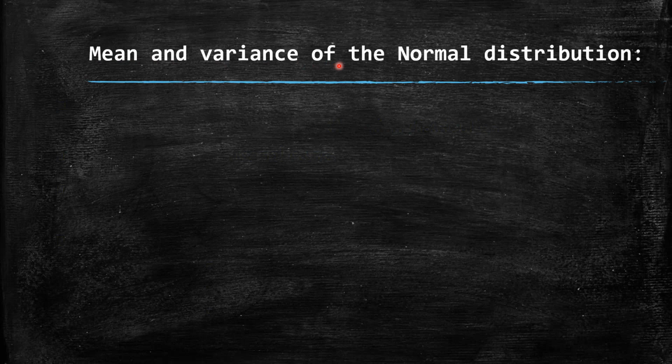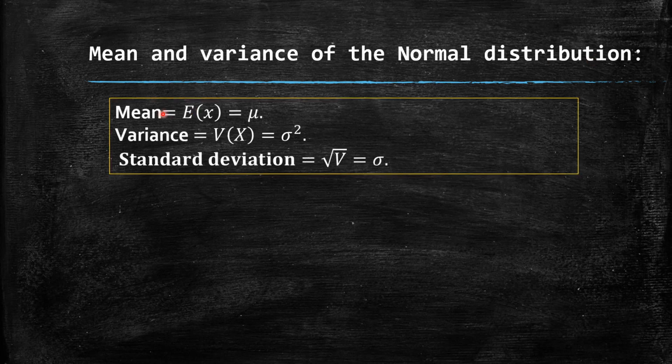Mean, variance and standard deviation of the normal distribution. While defining the PDF for the normal distribution, we have taken that the PDF depends on two parameters mu and sigma, where mu is the mean and sigma is the standard deviation. So I can say the mean, or expectation E of x, is mu, the variance V is sigma square, and the standard deviation is sigma.